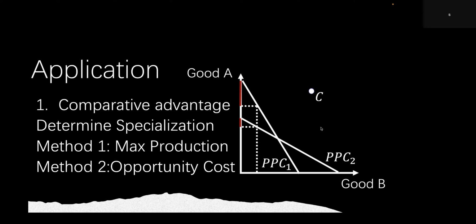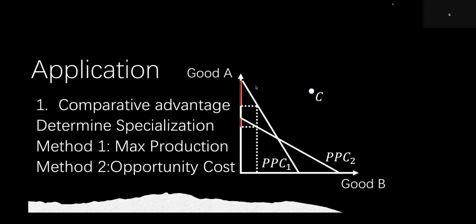The increase of units of good B only causes the production of good A to decrease this little amount in country 2, while in country 1, the production of good A will decrease this startling amount, which can be shown by here. So this shows that the opportunity cost of producing good B is smaller for country 2, since it only needs to sacrifice little production from other sectors of the industry. In other words, it is more suitable for producing good B.